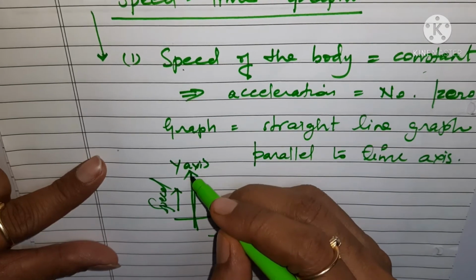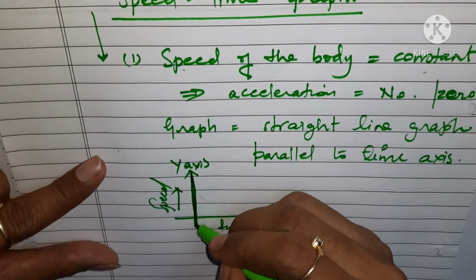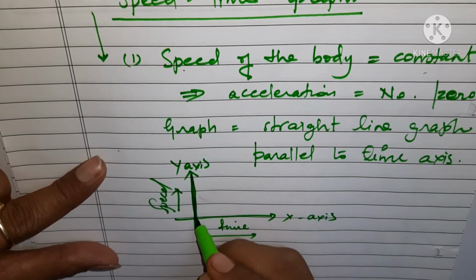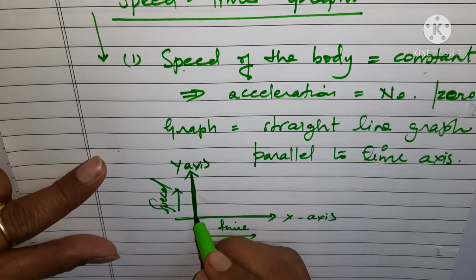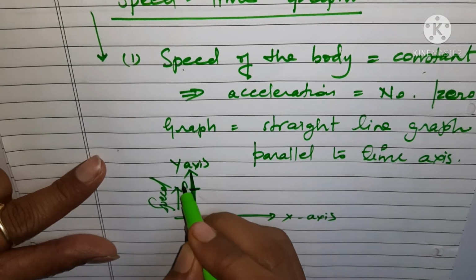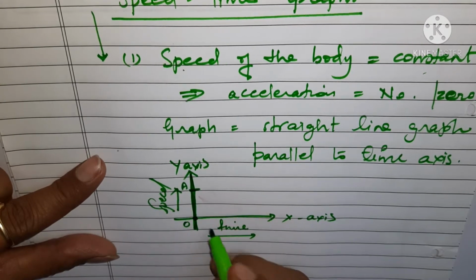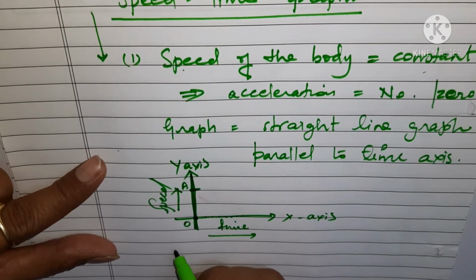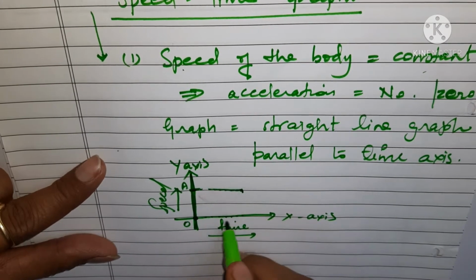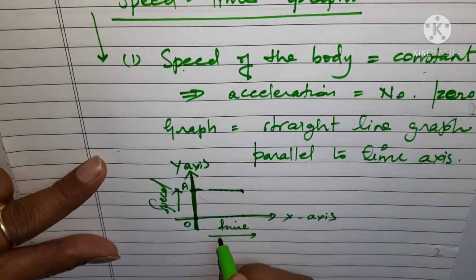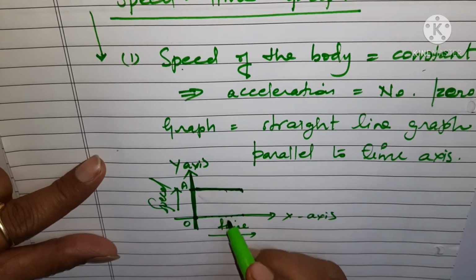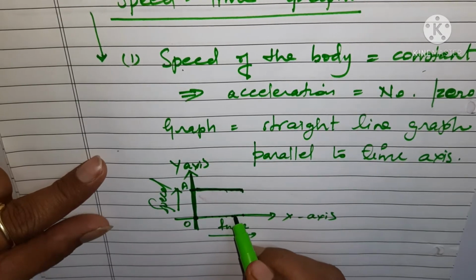When we say that the speed is constant, it means that a body has started and attained some speed, and it keeps this speed throughout. Suppose it has reached a speed of, say, A, from O to A. After some time you will see that the speed remains the same, so you get a speed time graph that is a straight line parallel to the time axis.